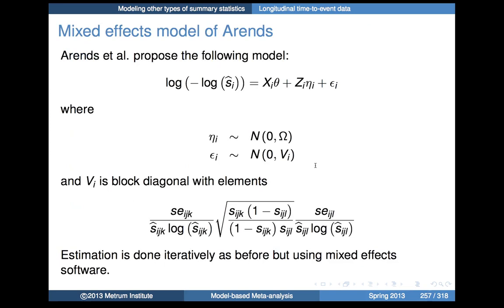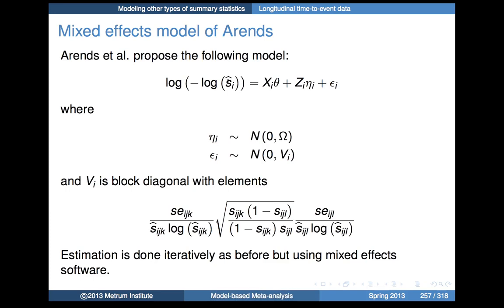So the transformation of the data that they use is the log minus log transformation. So if you imagine you have an observed survival probability that's close to 1, then the log of that will be close to 0, and the log of that number that's close to 0 is going to be a large negative number.